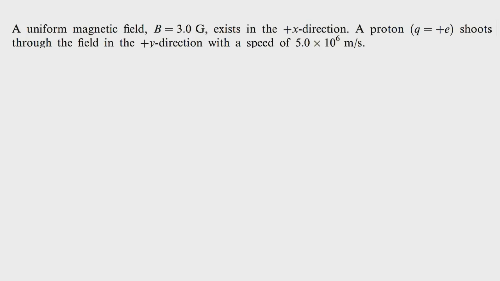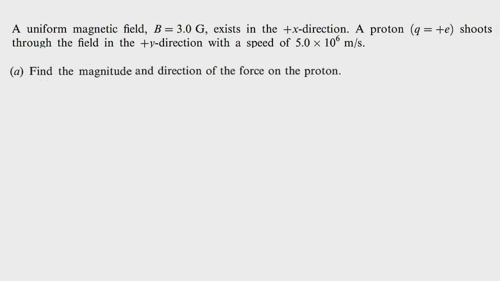A proton, Q equal to positive e, the value of the elementary charge, shoots through the field in the positive y direction with a speed of 5 times 10 raised to the power of 6 meters per second. The requirements are to find the magnitude and direction of the force on the proton.